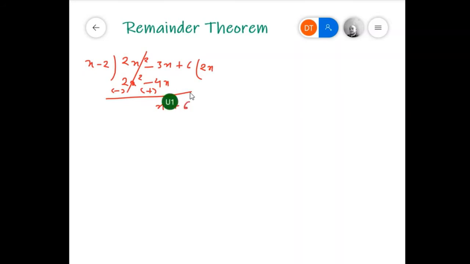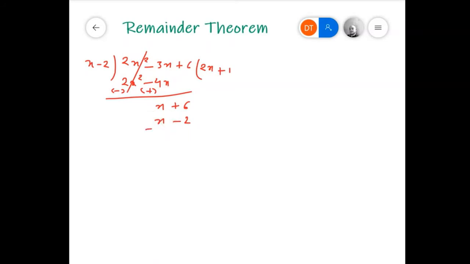Now x plus 6 will be the new dividend. We have to divide it by the divisor x minus 2. The first term of the dividend is x, and of the divisor is x as well, so I have to multiply with plus 1. Your answer will be x minus 2.